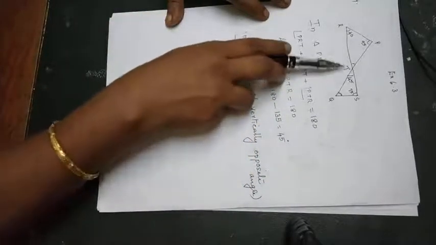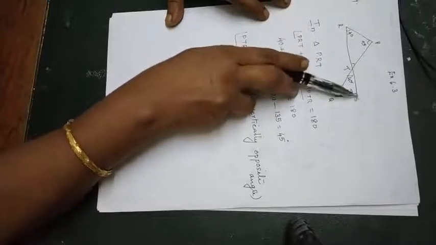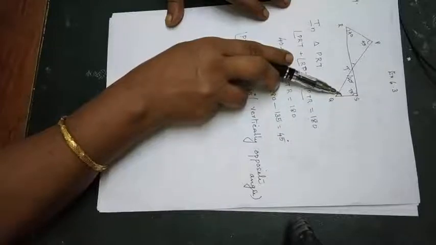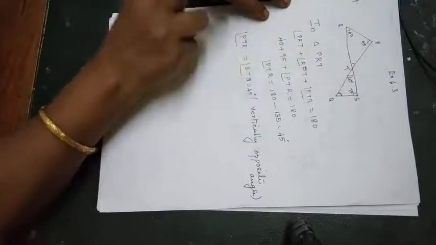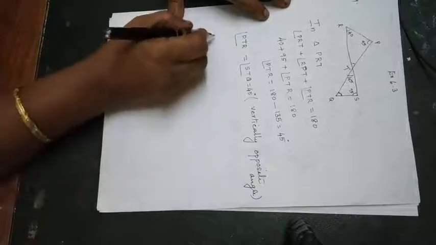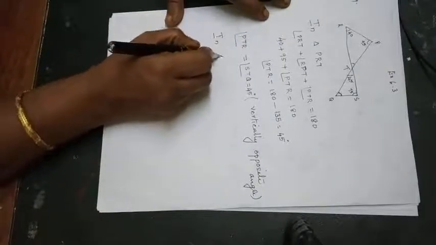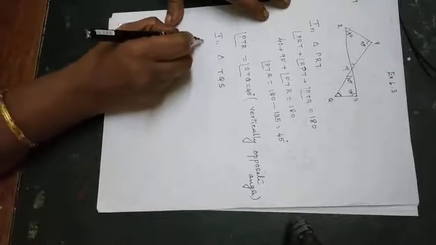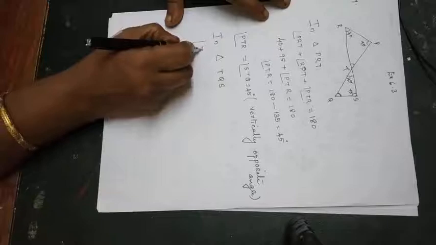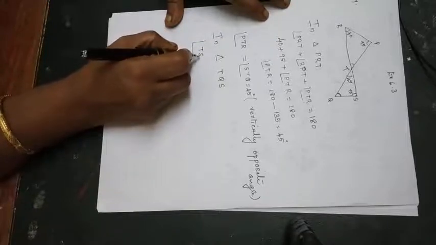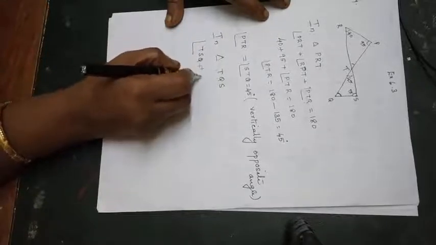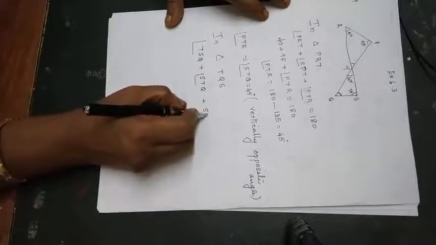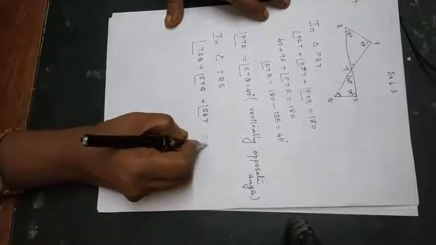Now look at this one. In the triangle TQS, two angles you got. The third angle you can get by subtracting these two from 180. So in triangle TQS, angle TSQ plus STQ plus SQT will be equal to 180.